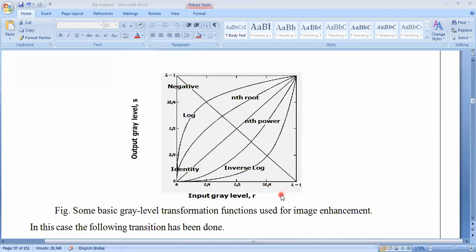Now generally our image is going to be represented with 8 bits. So we are going to get maximum gray level value as 256. That is, L minus 1 means 255. So it is some 0 to L by 4, meaning 64, 64 to 128, 128 to around 190, or around 200, and 200 to 256.